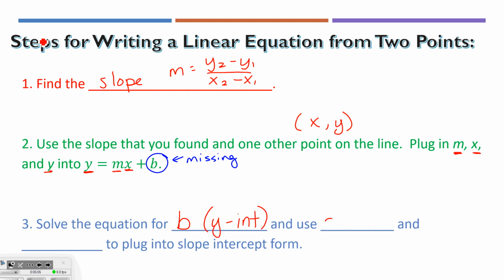And then I'm going to use the slope that I found from step 1 and the y-intercept that I found from step 2, and I'm going to plug them both back into the equation y equals mx plus b. So ultimately, my equation, the x and the y are going to be variables, and the m and the b are going to be numbers. So it might be something like y equals 5x plus 2, or y equals negative 1/3 x minus 7.